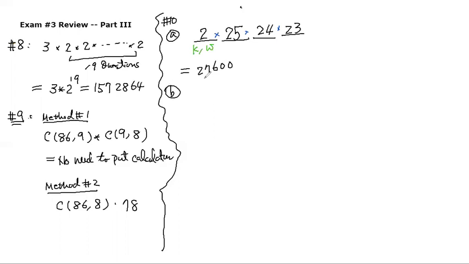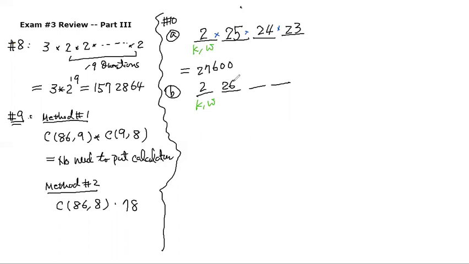Okay, so part B is here. They say repeats are allowed but the first letter still needs to be a K or W. So I have 4 letters here. The first one still needs to be a K or W, so I still have 2 choices, either K or W. But since I can repeat, I can have K, K, K, K, or W, W, W, W. So how many choices do I have for the next one?